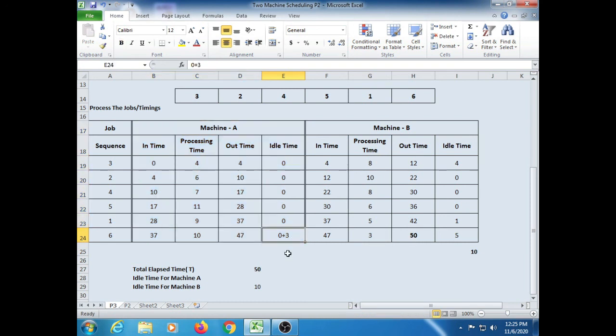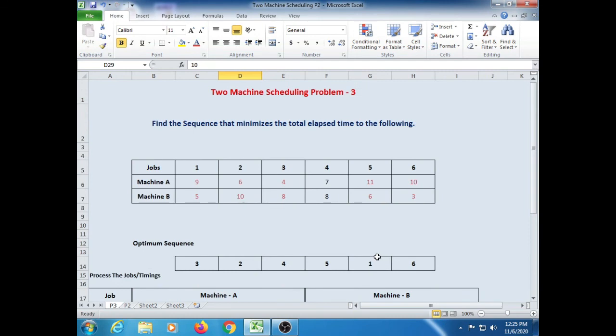That's why we take the 3. So if we add all these, we will get 3. This is the idle time for machine A. Likewise we have to calculate the total elapsed time and idle time for machine A and machine B. So this is about the 2 machine scheduling problem.